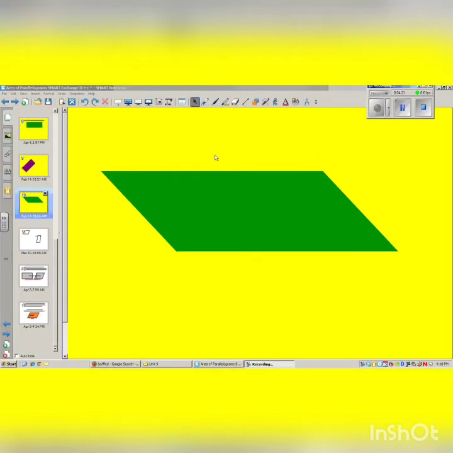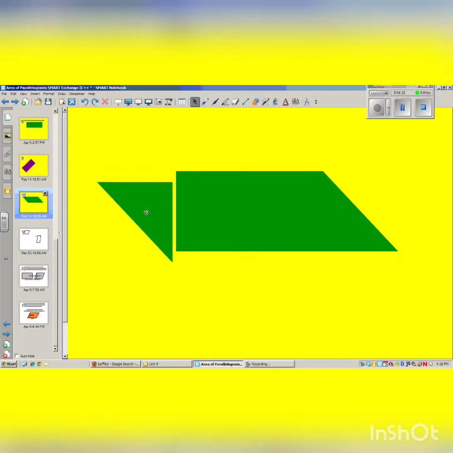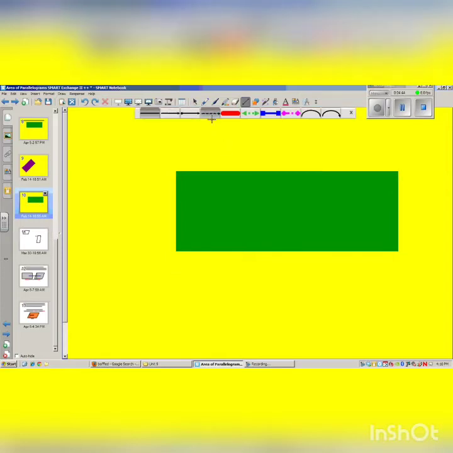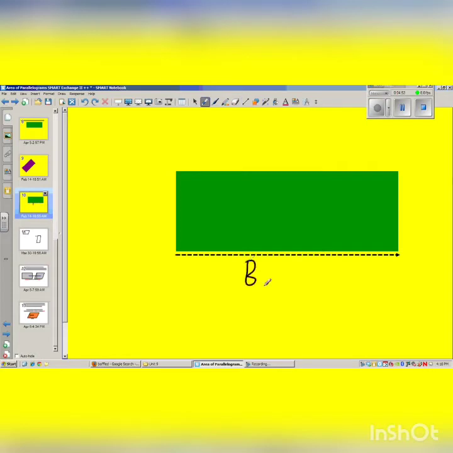Now, there are some things that you need to know about doing this. When we're doing this, we are going to be using a base and a height that are slightly different. There are some rules about it. So when I take that piece of triangle and move it over here, and I make this rectangle, my base is right here. That's the base of this rectangle.